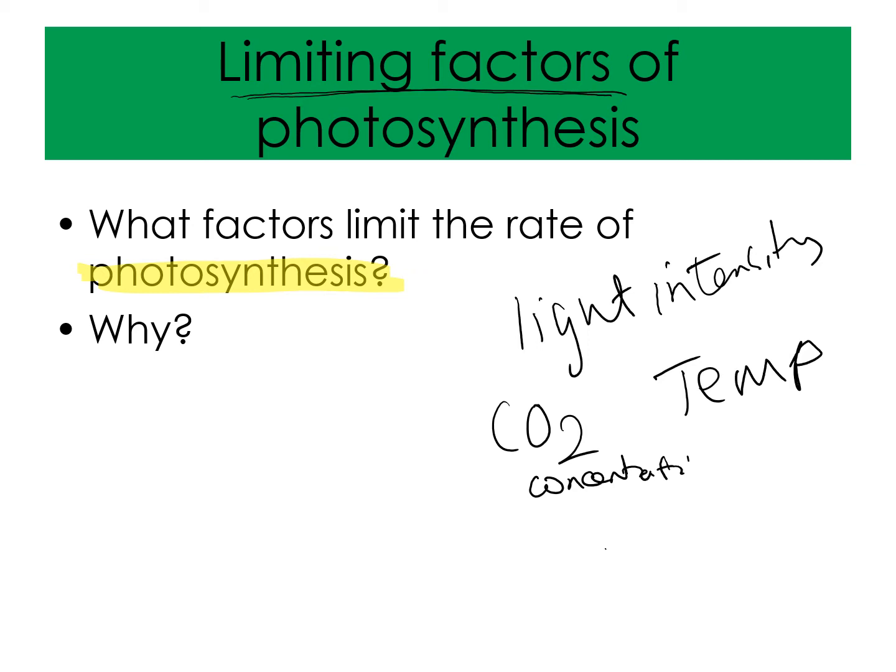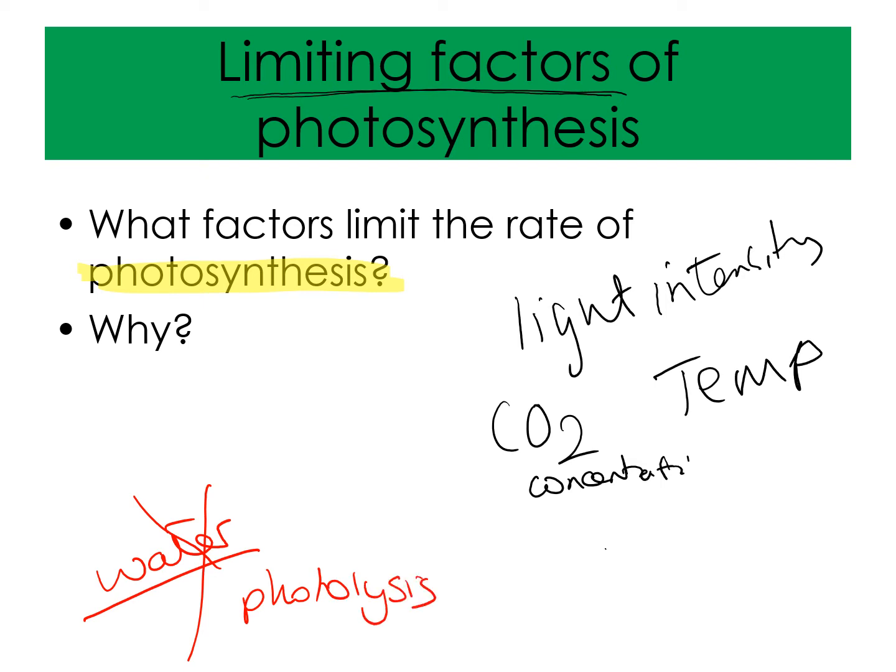Now, one of the other substrates that you might have thought about was water. Okay, now that's never a limiting factor for photosynthesis. I know that feels wrong because you know you need it for the process of photolysis, but think about what you know already about gas exchange in plants.